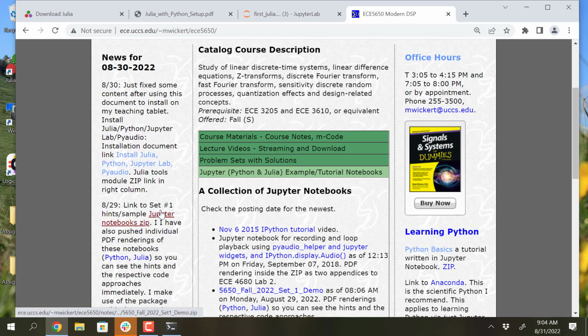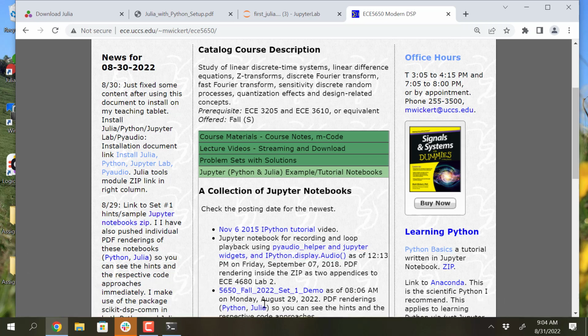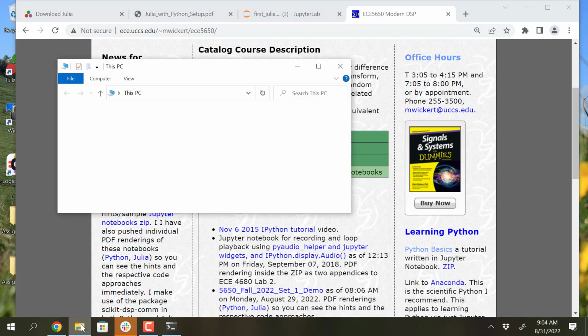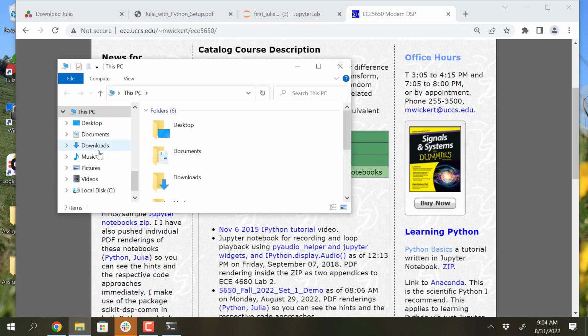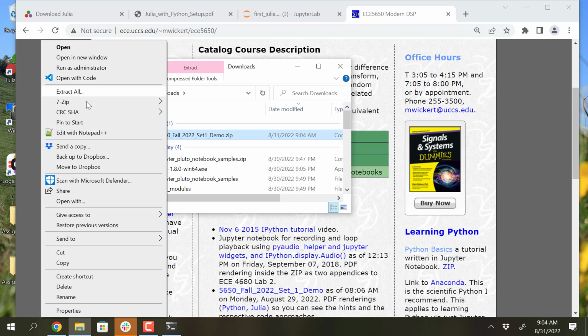So I've got things for set number 1 for help, and I can pull up one of those notebooks. So what I'll do is I'll just download that, and then I'll go over here to my downloads, and I will open that up.